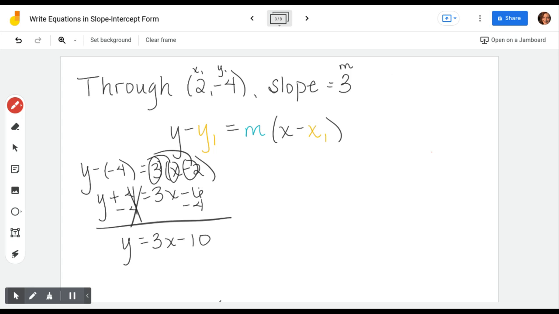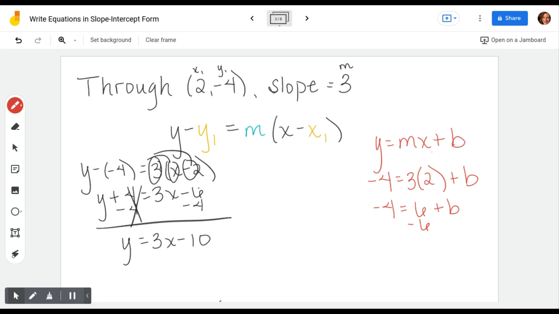Okay, so y equals mx plus b. And now I'm going to plug those in. So instead of y, I'm going to put in -4. Instead of m, I'm putting in 3 times, instead of x, I'm putting in 2, and then plus b. So -4 equals 6 plus b.